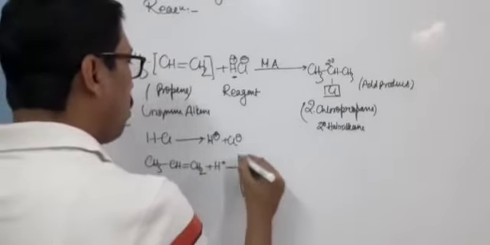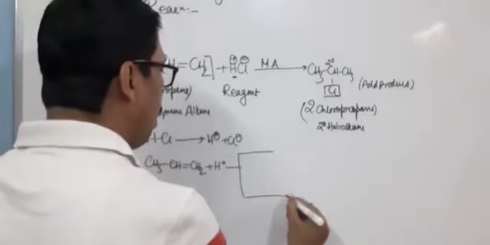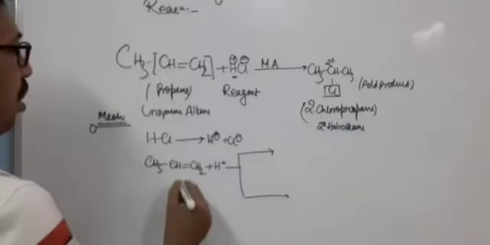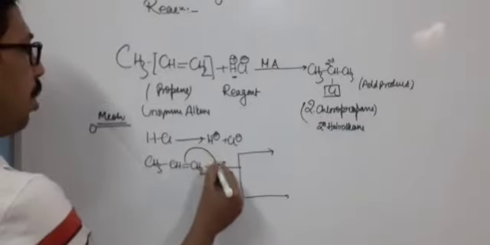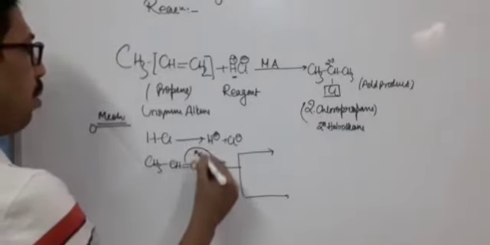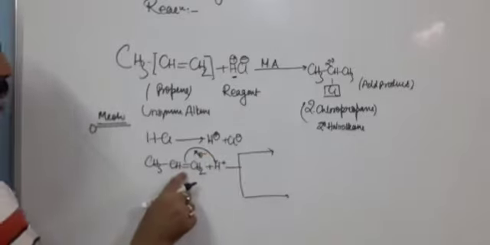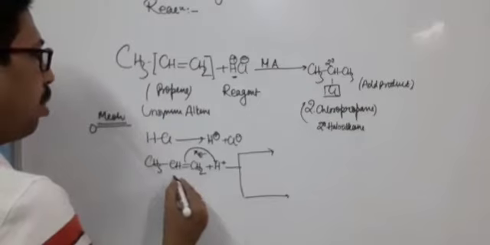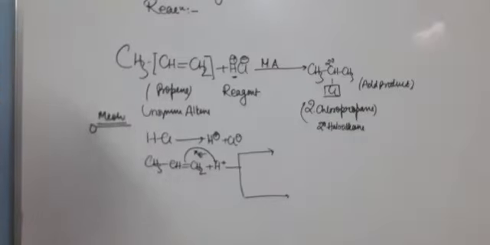There are 2 possible sites where the hydrogen ion can attach. The pi bond electron shifted from here because there is a double bond, one bond is sigma and another one is pi. So hydrogen can attach to both of these double bonded carbon atoms.